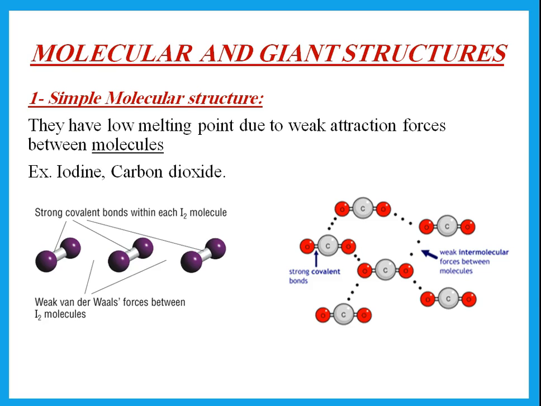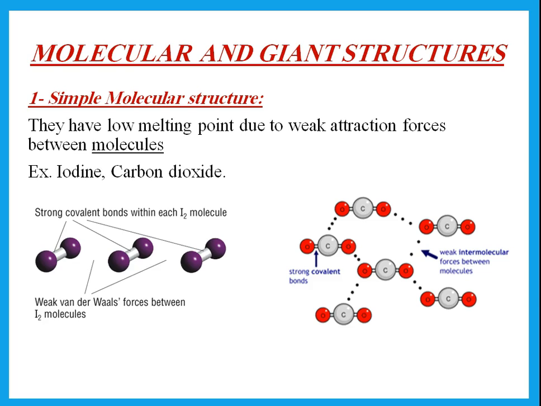So iodine, for example, the bond inside is covalent, and the covalent bond is strong. But when we're talking about melting point or boiling point, that has to do with the forces between the molecules. So between each iodine I2 and another I2, there are attraction forces that can be broken down easily.